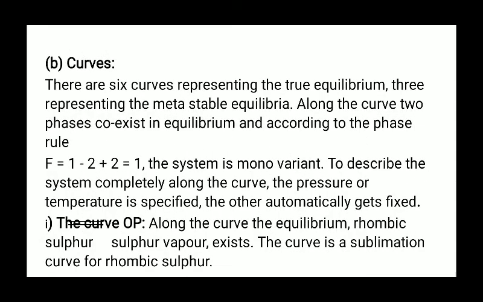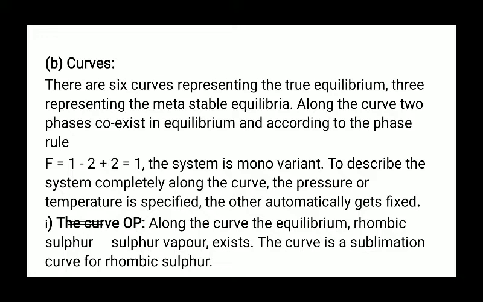There are 6 curves representing the true equilibrium, and 3 representing the metastable equilibrium. Along the curve, 2 phases coexist in equilibrium, and according to the phase rule, F is equal to 1 minus 2 plus 2. Minus 2 plus 2 gets cancelled, then F is equal to 1.